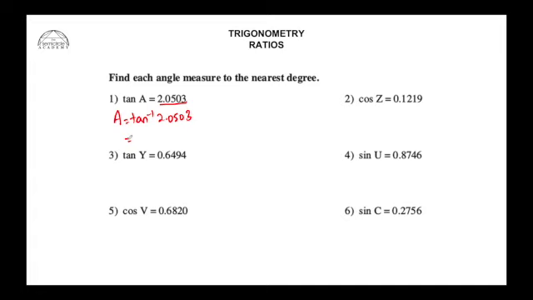Tan inverse of 2.0503, and that is 63.9. So let me call it 64 degrees. So a 64-degree angle, the tan of 64 degrees is 2.050. So this is just a real quick calculator exercise.